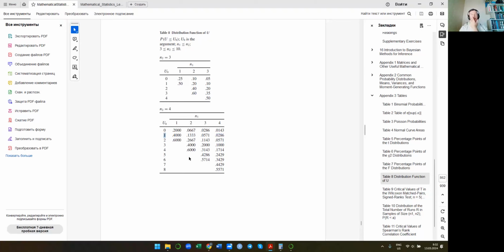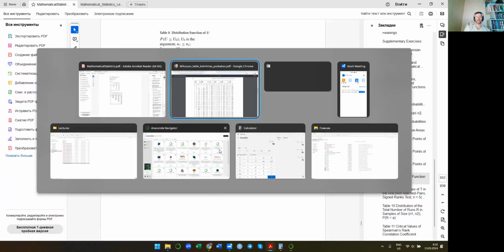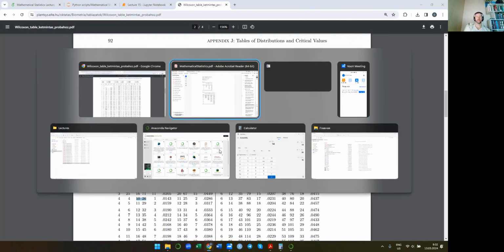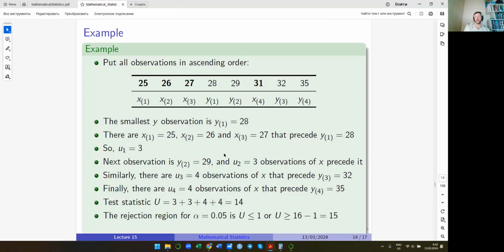So if the U statistic is 1 or less than 1, then I reject the null hypothesis. But this is the left tail. The right tail is obtained in the following way.